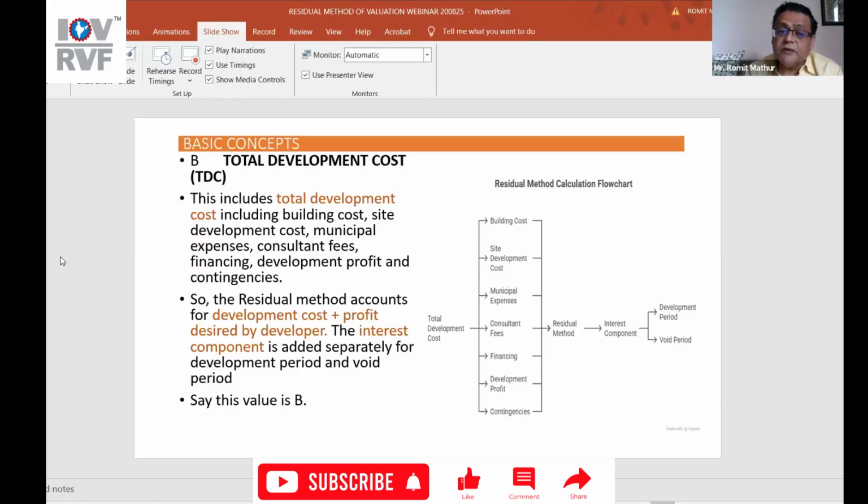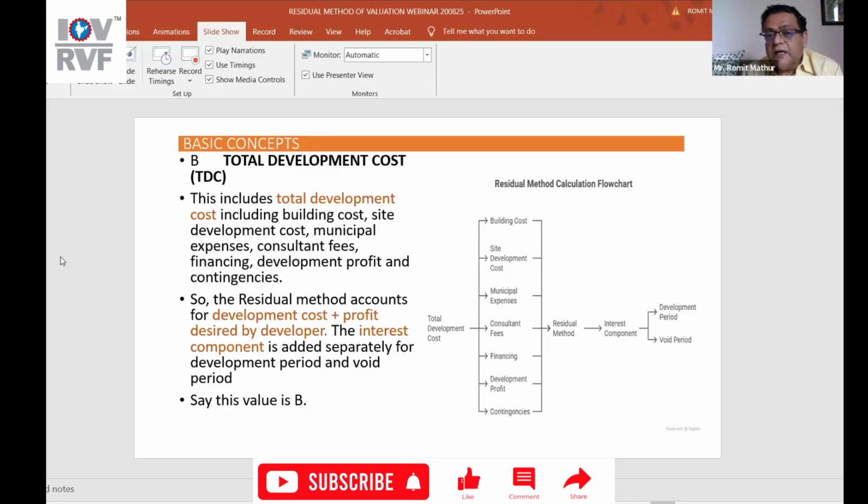How much profit does the developer desire? The interest component is added separately for the development period and void period. So there is a development period and then there's a void period. Now, in that period, his properties are being sold. So he might be in a position to pay back his interest, the loans that he might have taken.